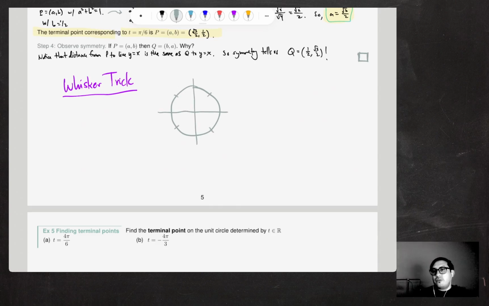We already saw those. And then pi over 3 and pi over 6. Pi over 6 was the smaller angle, and I'm just going to move a little bit down and a little bit up. That's what I call the whiskers, because if you see a cartoon cat, they have 3 whiskers on each. Just 3 whiskers. Same thing on all of these. I'm going to go up, up, up. So I got the little whiskers.